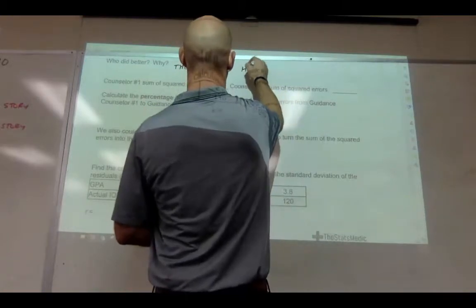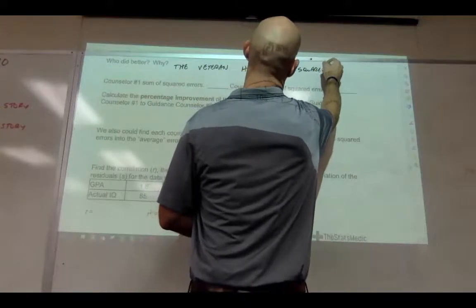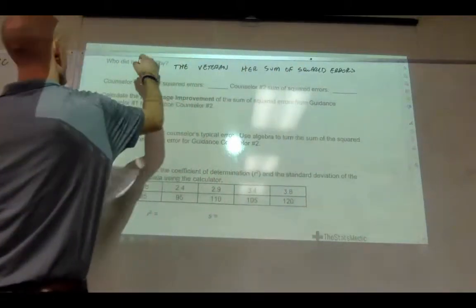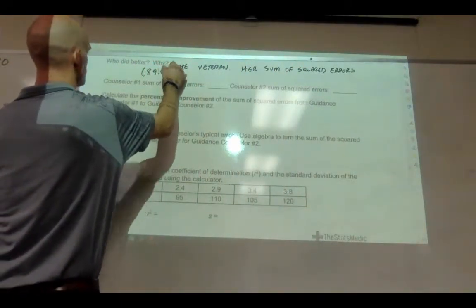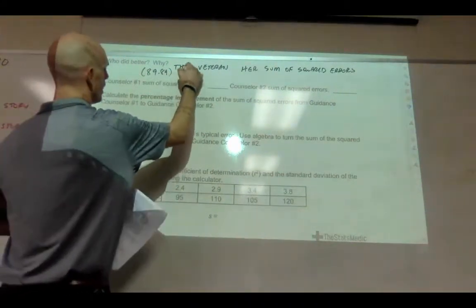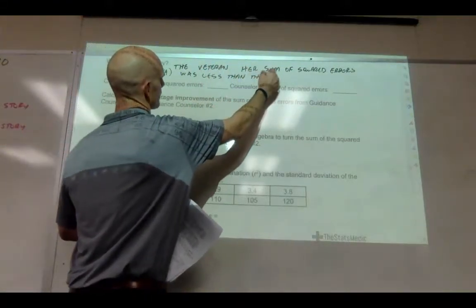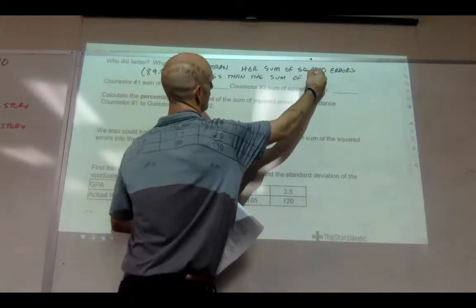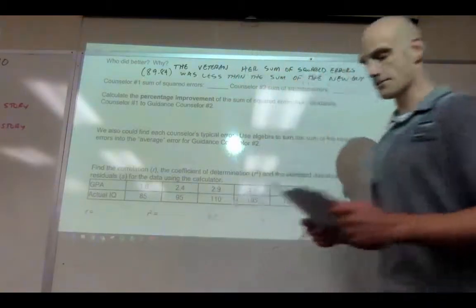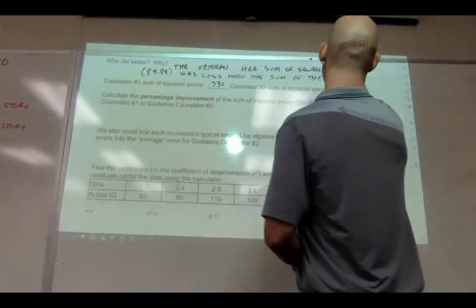Her sum of squared errors, 89.89, putting some context around this, writing with context, was less than the sum of the new guy. Less than the sum of the new guy. So it's 730 versus 89.89.